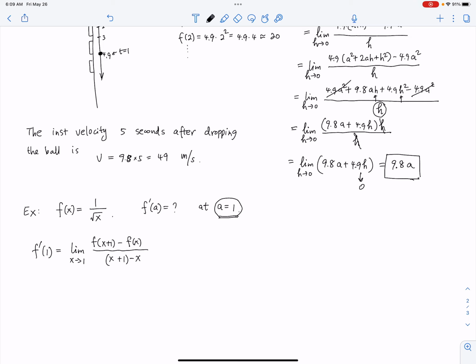All right, so let me write down the original formula. It's the limit as x goes to a, f(x) minus f(a) over x minus a. So it should be like this. Let me fix that. It's, sorry, f(x) minus f(1) over x minus 1, like that.